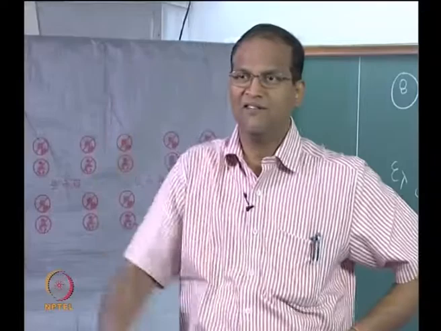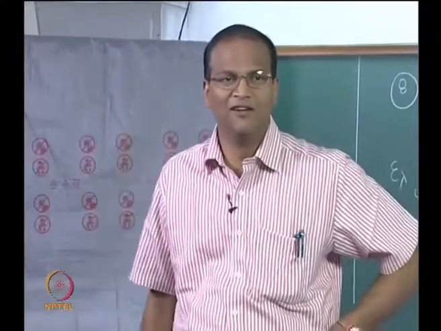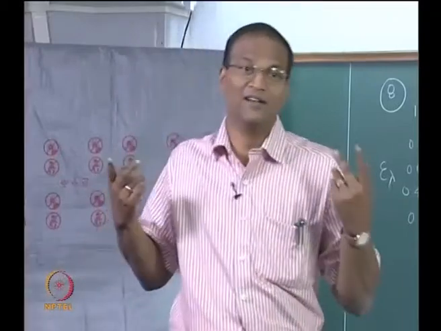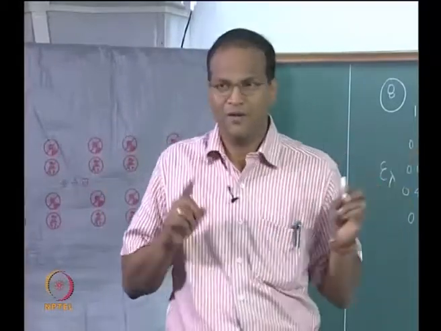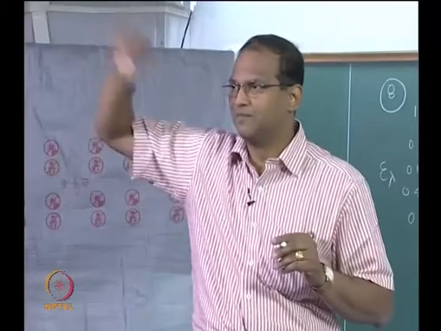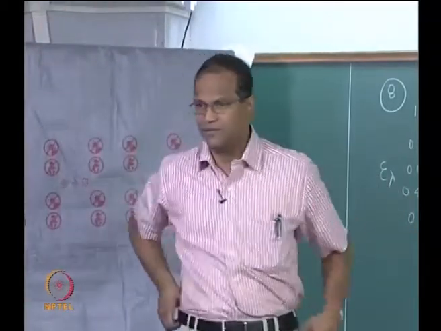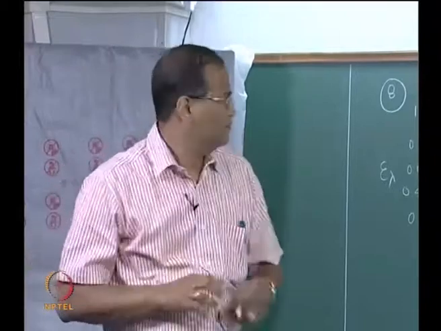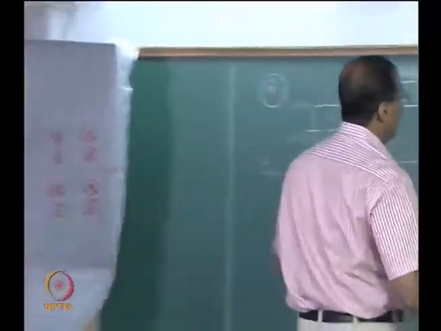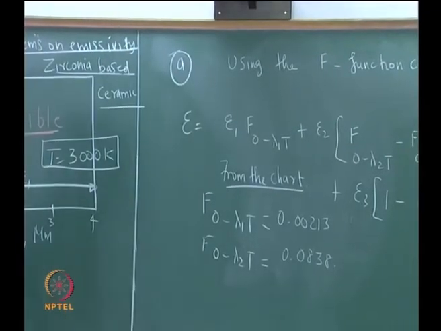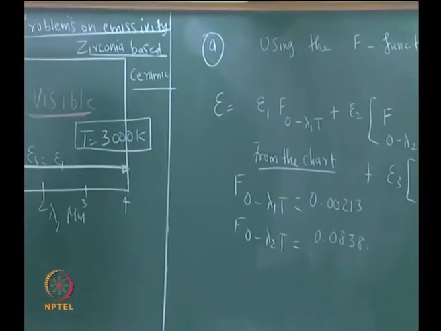If something is given like this, you have to get area under the curve divided by lambda 2 minus lambda 1 and I am getting epsilon. Thinking that you are smart, it does not work, because the epsilon must be multiplied by the f, right, because sigma T to the power of 4 is there. So fine, part A is over. The hemispherical total emissivity of zirconia is 0.249.